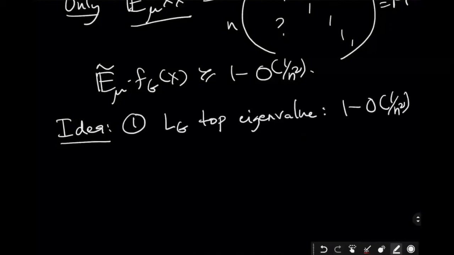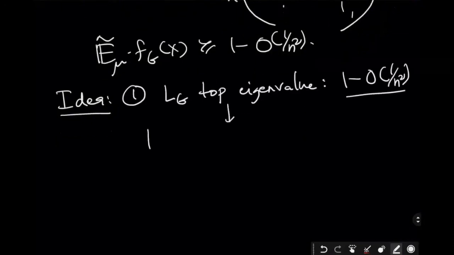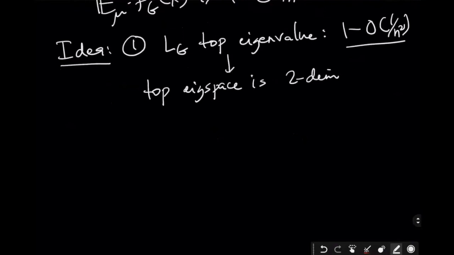So if I could find a Boolean vector, a vector with plus or minus 1 coordinates, in the eigenspace corresponding to this eigenvalue of L sub G, I'd be done. But there is no such vector, in particular because we know that the max cut is 1 minus 1 over n. So what do we do? We can prove that in fact this top eigenspace is 2-dimensional. So there are 2 vectors in it, and so what we're going to do is this weird magical thingy.